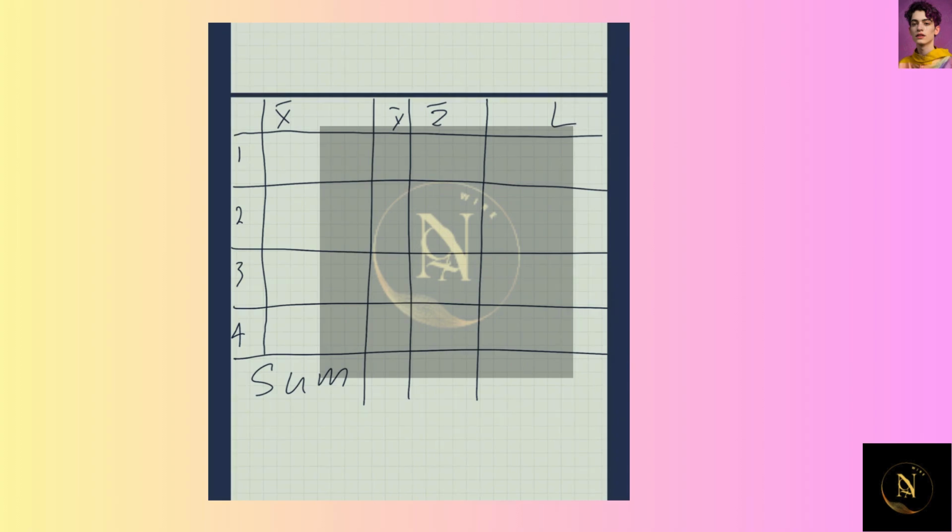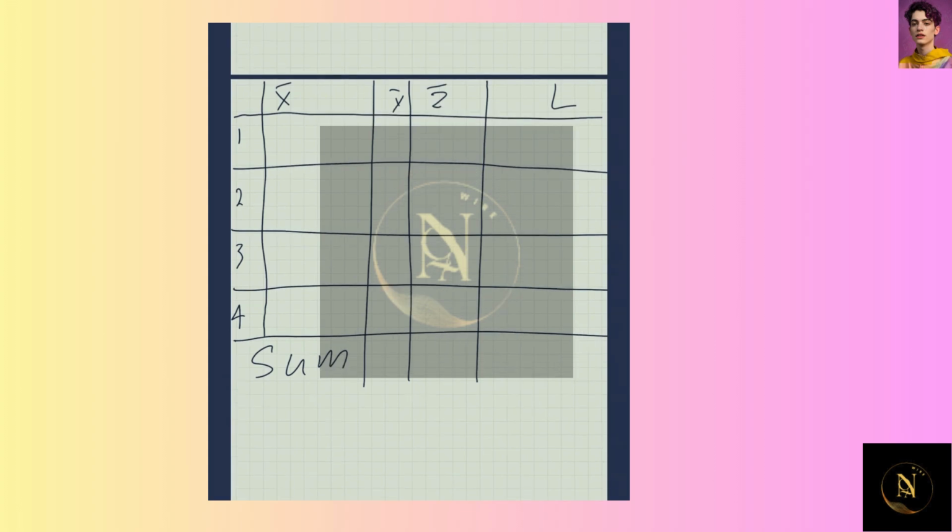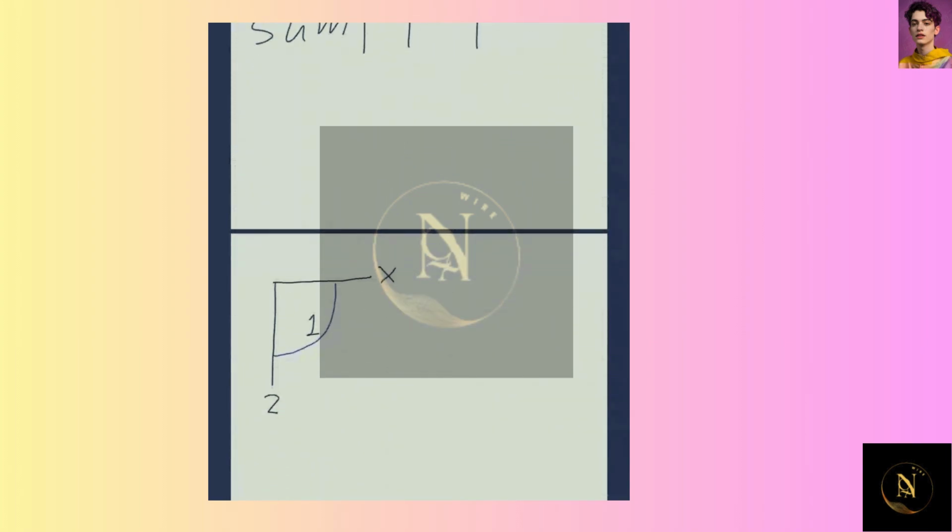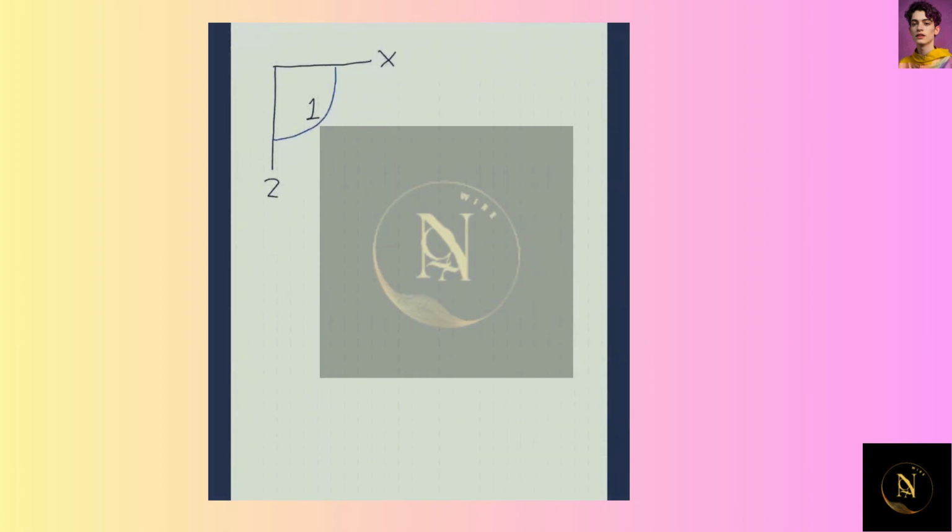First, let's find the centroids of each individual component. So for the curved piece, finding its x centroid, we're going to have to do a little integration.